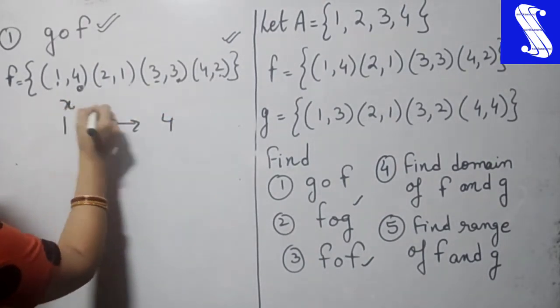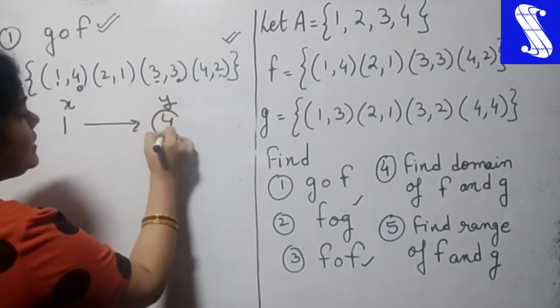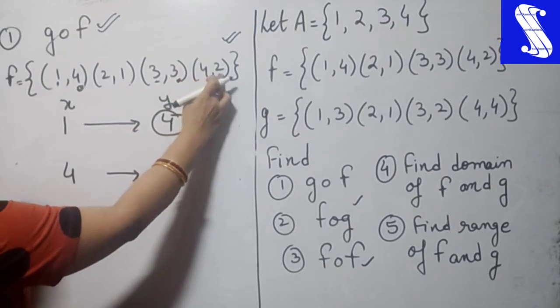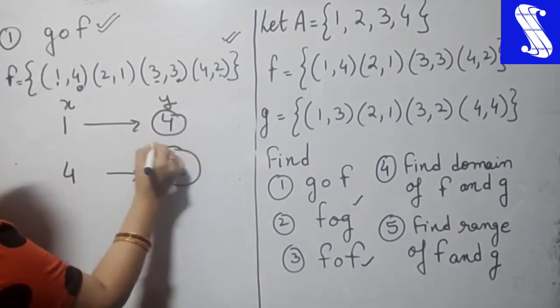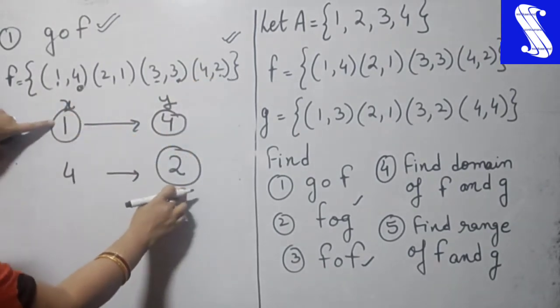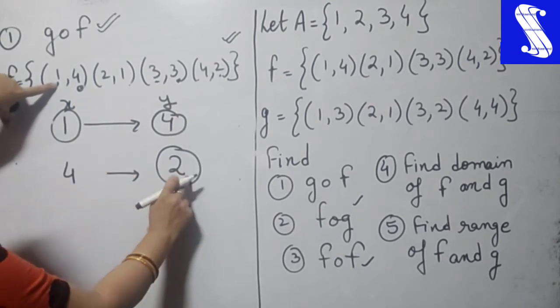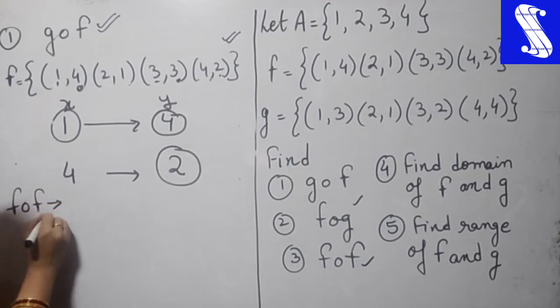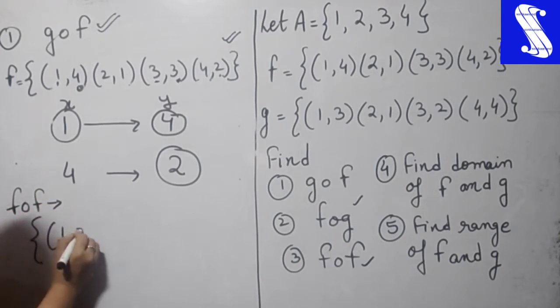It is at the x position and 4 is at the y position. Now make this 4 the x. Here we have 4 and its value is 2. So our relation is (1, 2), and 2 is the last answer.